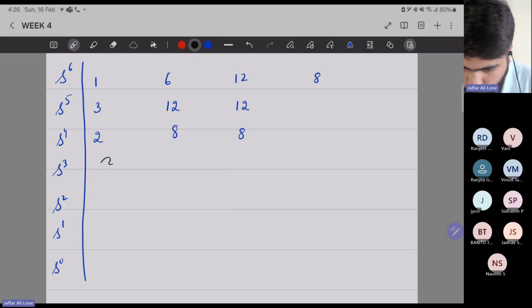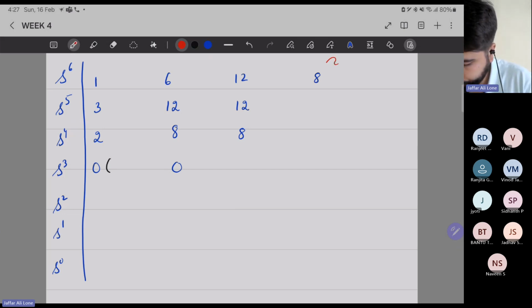Now this is a row of zeros, 0, 0, 0, 0. Similarly, let's not write this 0. Then you'll make the auxiliary equation. So now let's make the auxiliary equation. Let's go step by step.